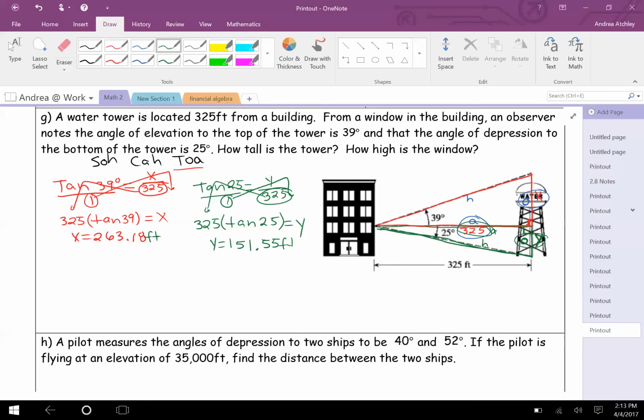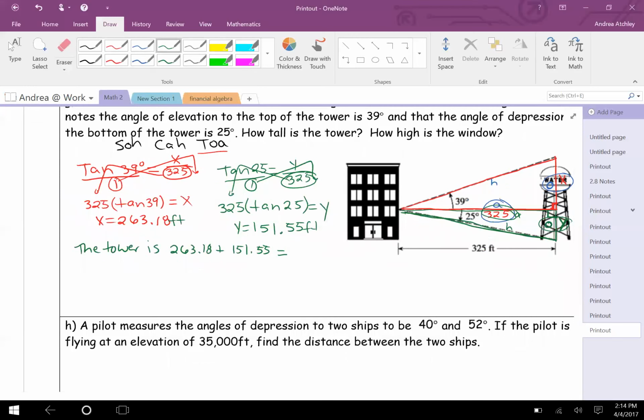Okay, so how tall the tower is: 263.18 plus 151.55, which gives me a total of 414.73 feet tall. Is it 7.2 or 7.3? 7.3? Okay. Feet tall.